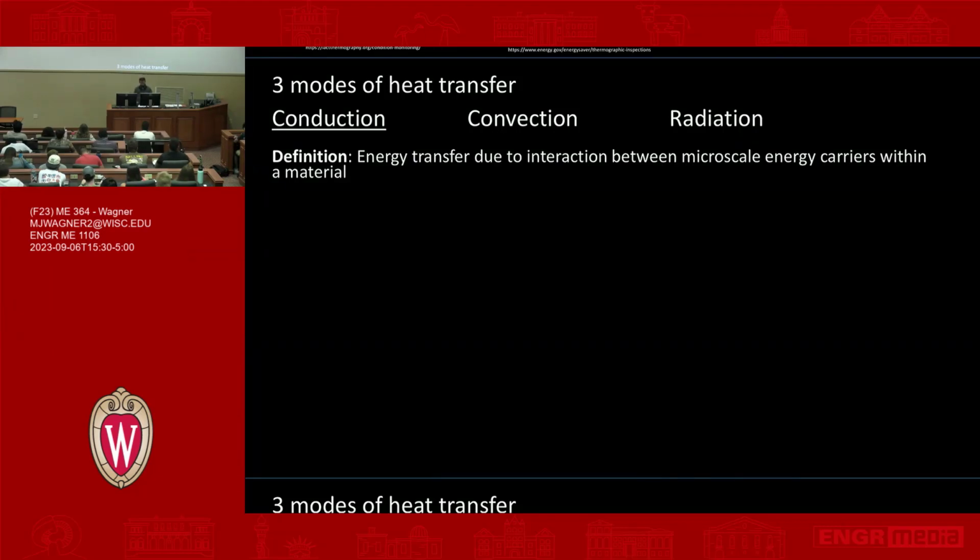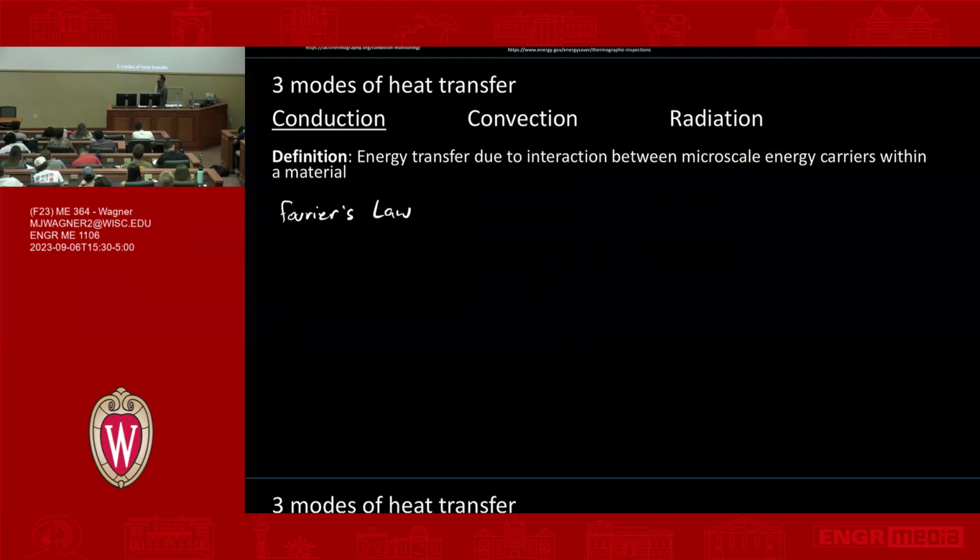Okay? So let's dive a little bit deeper on conduction. What we'll do for each of these is we're going to go through rate equations. Right? This class is ODEs and rate equations. So you'll learn the three rate equations, one that goes with each of these. The first one is called Fourier's law. Fourier, French.